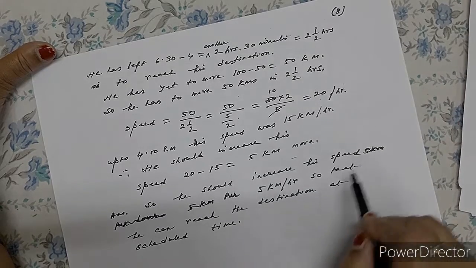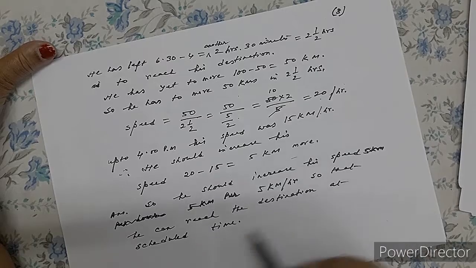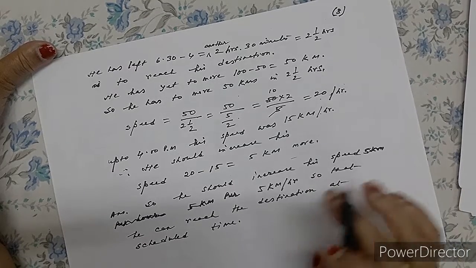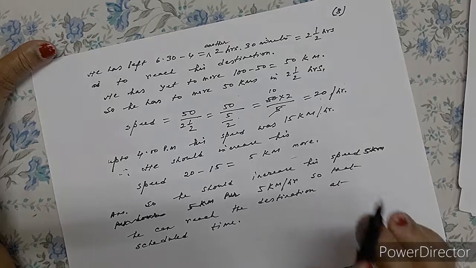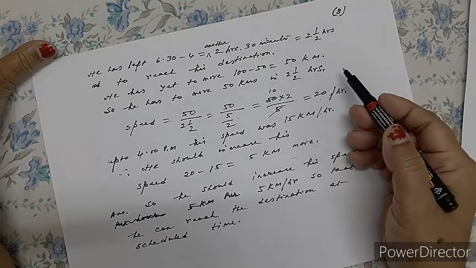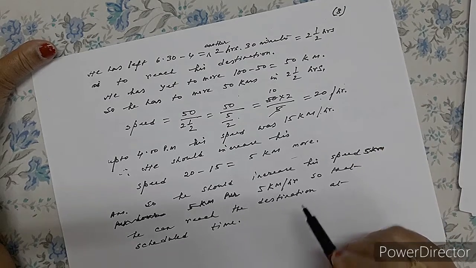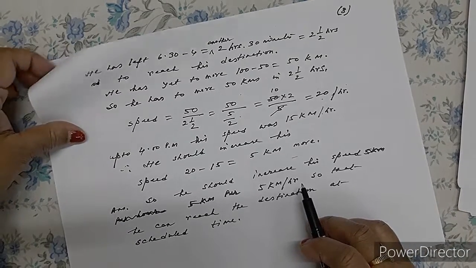So he should increase his speed by 5 kilometers per hour so that he can reach the destination at the scheduled time. If he has to reach by 6:30, his speed should be 20 kilometers per hour, and previously it was 15. That means he has to increase it by 5 kilometers per hour. Got it? Okay. Thank you.